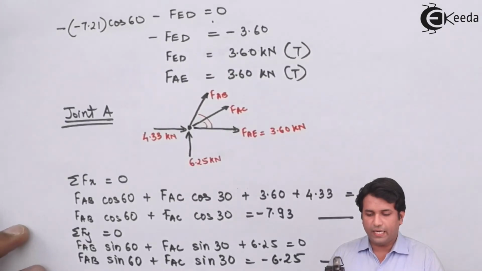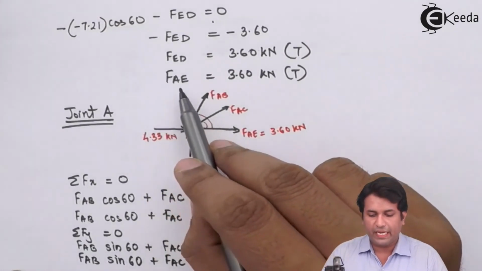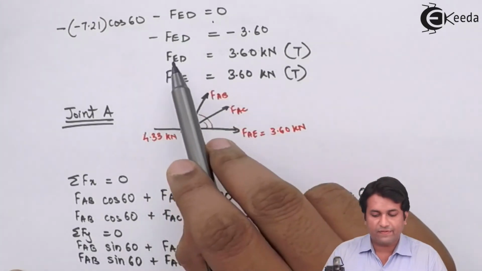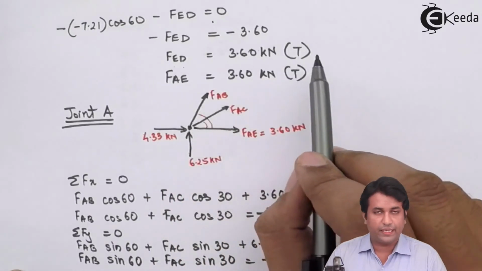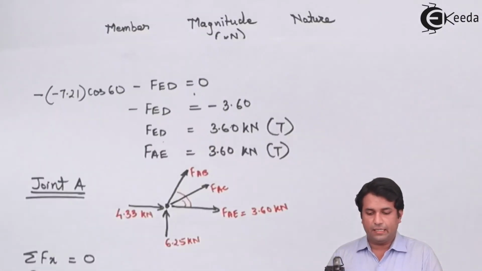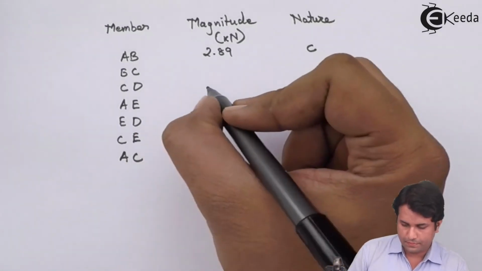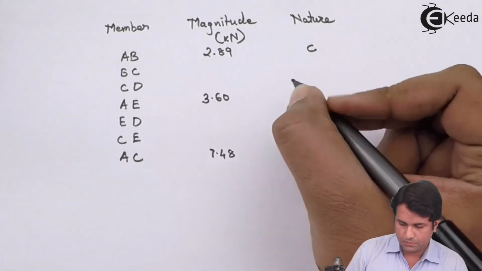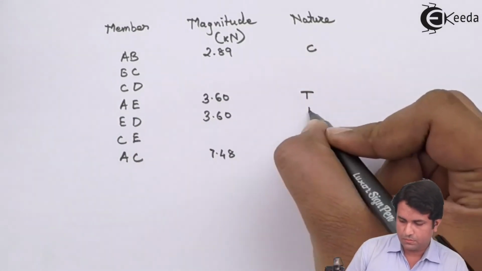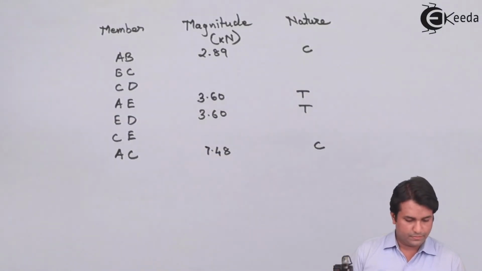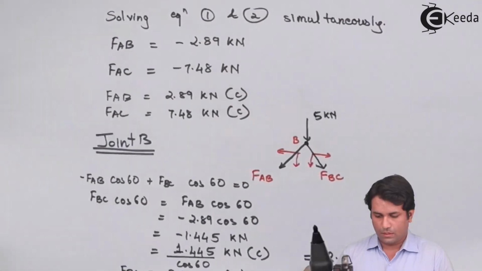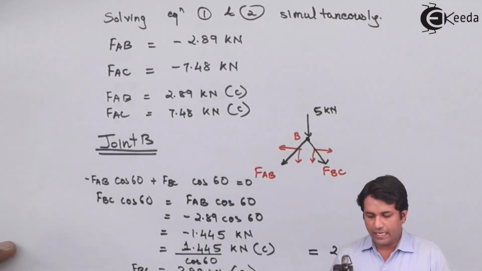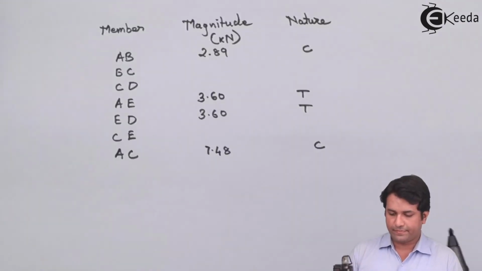In this you can see that the force in member AE is 3.6 as well as in ED is 3.6. Both are tensile. BC: we have calculated BC to be 2.89 kilonewtons compressive.